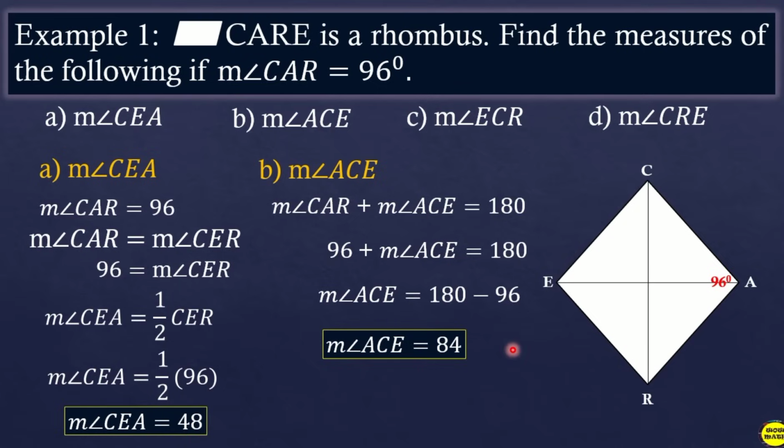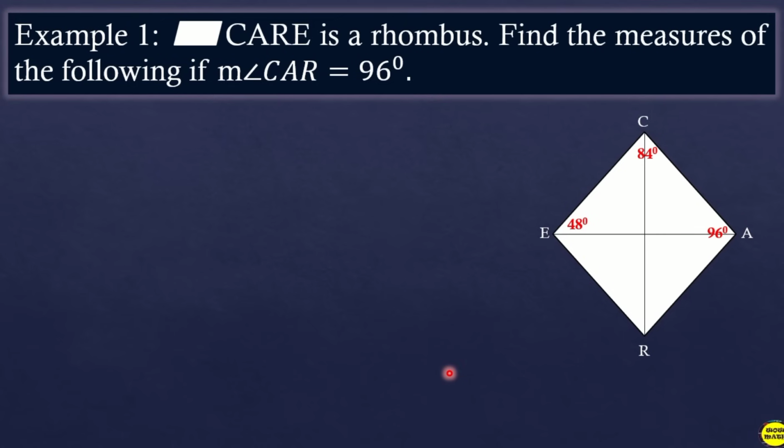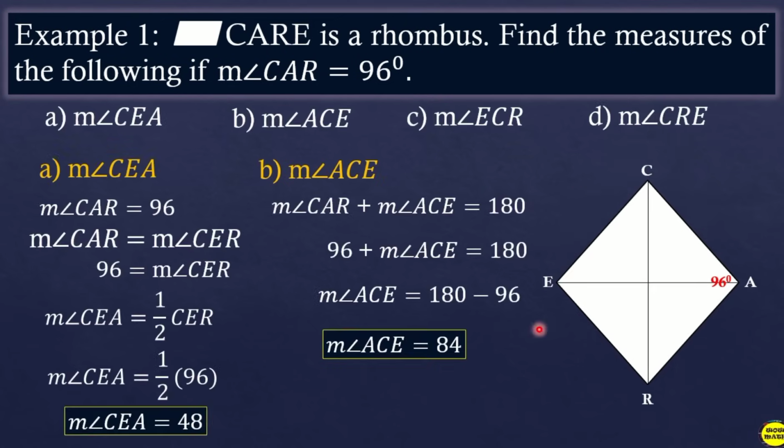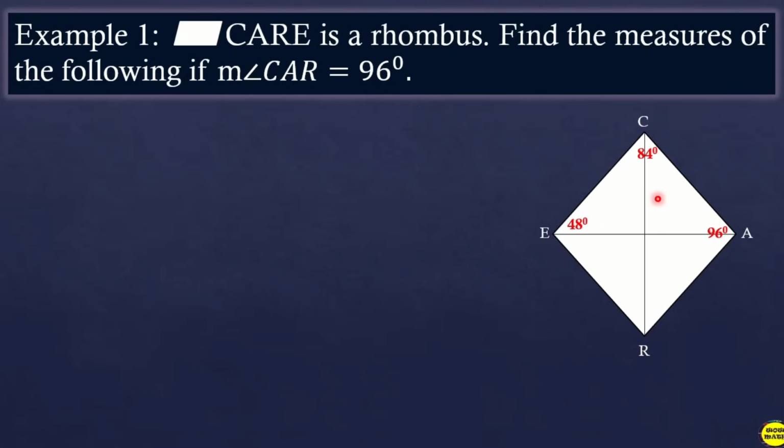So, 96 plus 84, that is equal to 180 degrees. Next. So, nakuha na natin kanina. Ito siya, diba? So, CEA is 48. And then this one is 84. So, ito na siya. Okay, this is 48, this is 84.